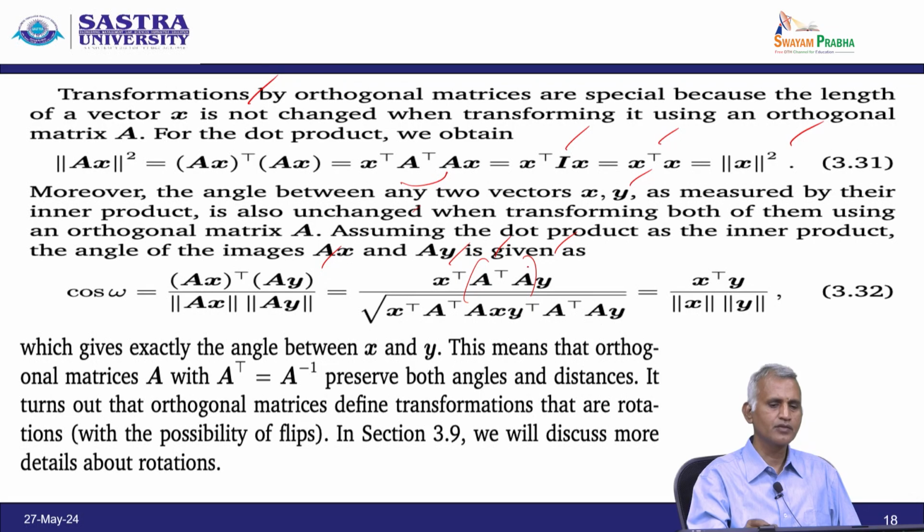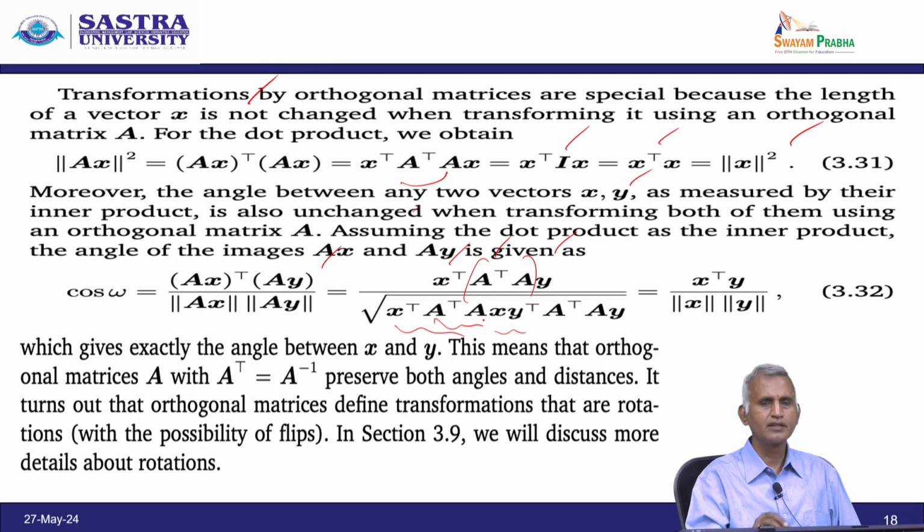So, x transpose I times y is x transpose y, divided by the denominator. Norm of x can be written as the square root of x transpose A transpose A x, and similarly for y.